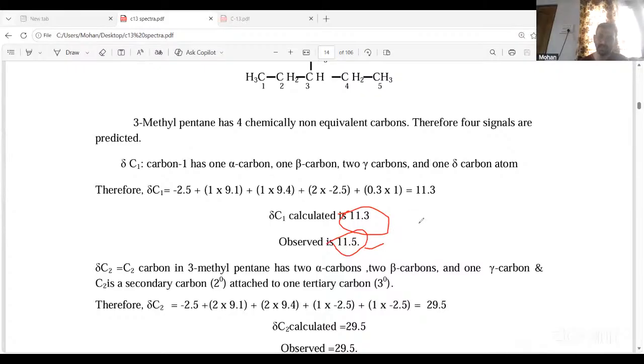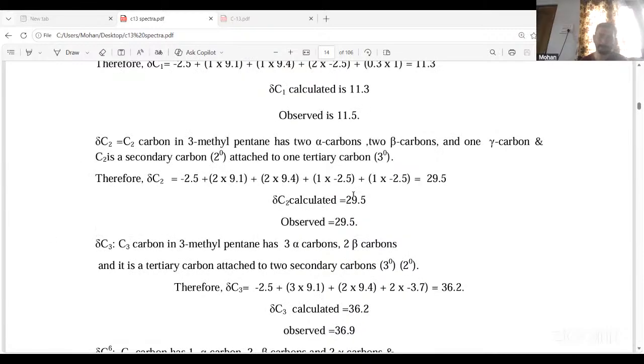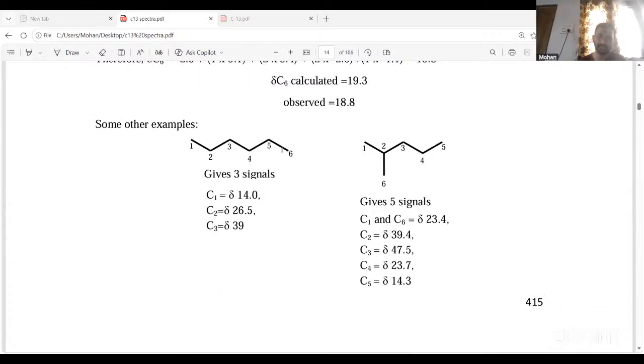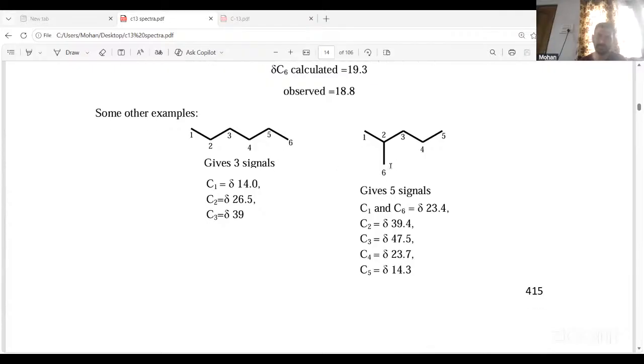So you can see a very slight difference between the calculated value and the experimental value, right? Also, you can see that. So you can calculate the values for all these compounds. Okay.